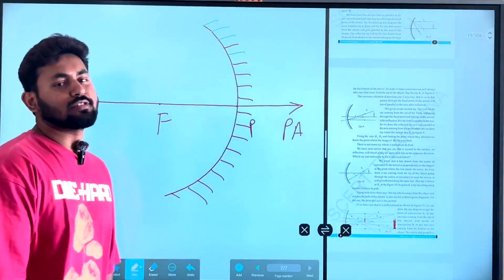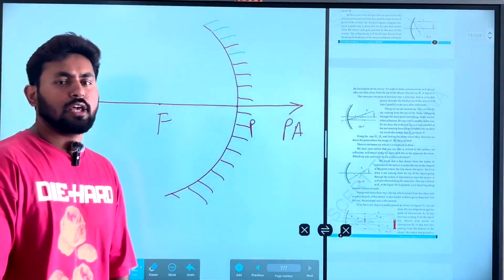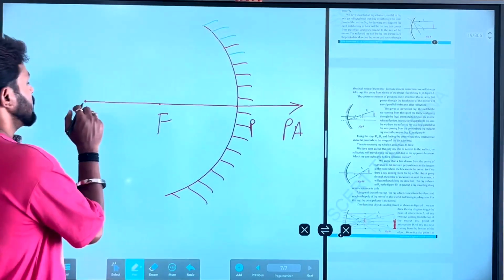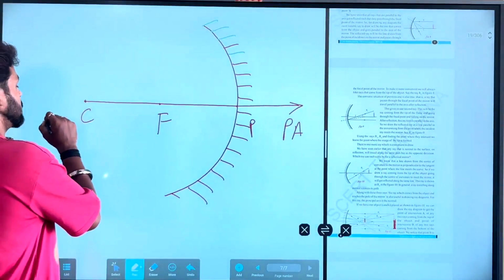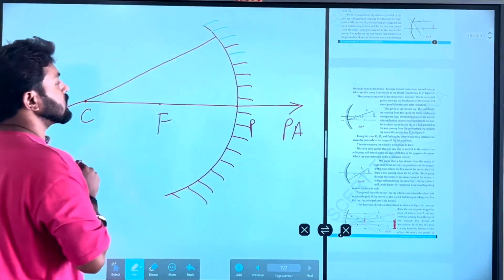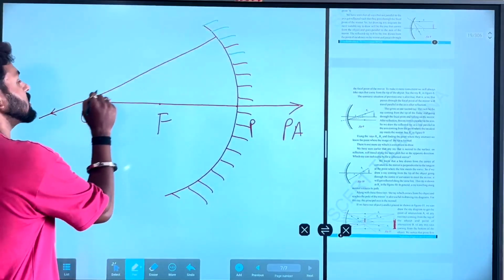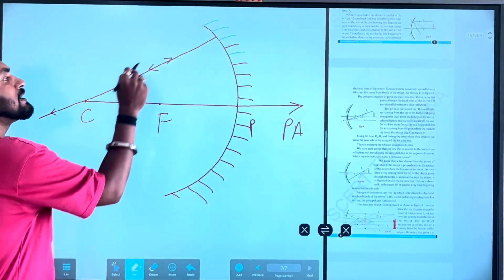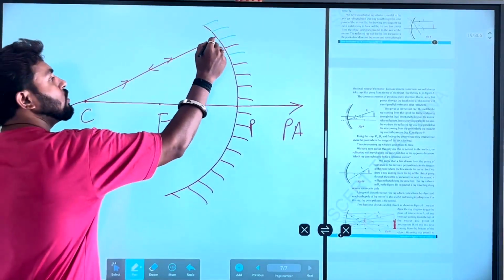Now the third rule says that if a ray of light is passing through the center of curvature, after striking the mirror, it will retrace its own path.